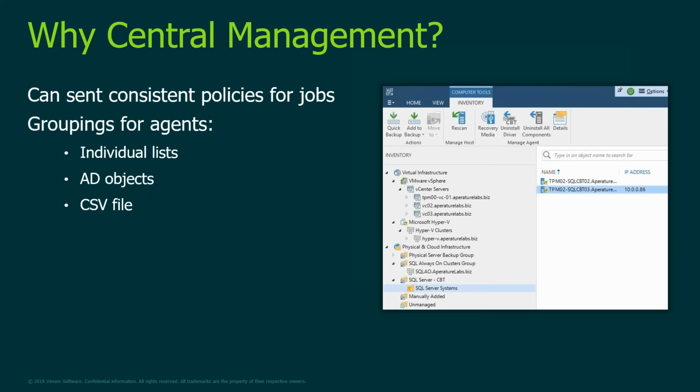So that is additionally an individual list. But then above that, I have physical servers. That can be Active Directory objects, for example. I can say back up everything in this organizational unit. So everything in that OU can be backed up with one protection group, one job, etc.